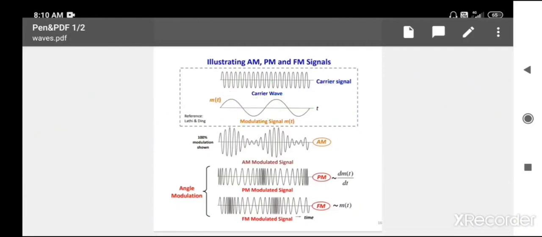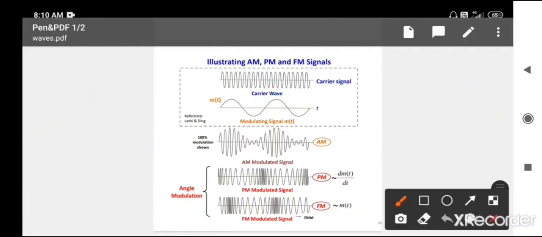Now we are going to observe the PM modulated signal. Here also there is high frequency, then low frequency, then high frequency, the same thing happens as in FM. But we can observe a very small difference between FM and PM, which is the place where the high frequency and the low frequency occur.